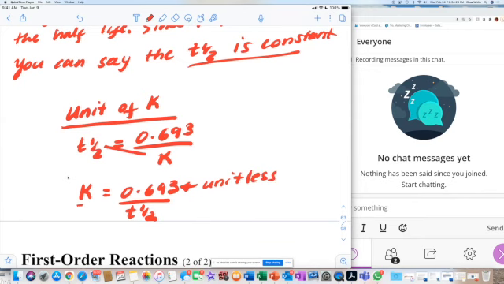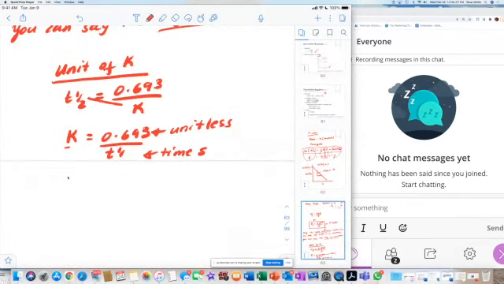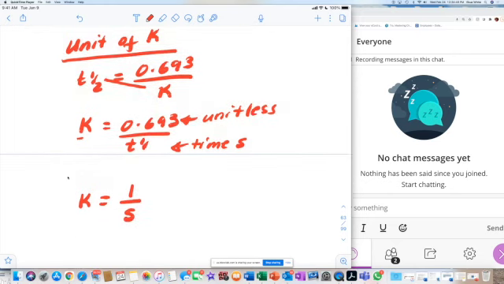There's no unit. T1 half is the time, so the unit for this is seconds. Therefore, k, just by units alone, is 1 over second, because there's no unit on top, so just leave the number 1. Then on the bottom, you put the unit, second. So this will be like that, or per second.